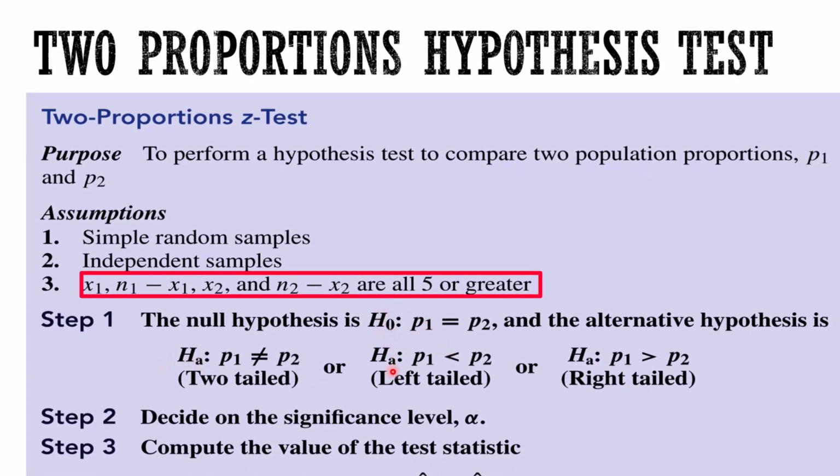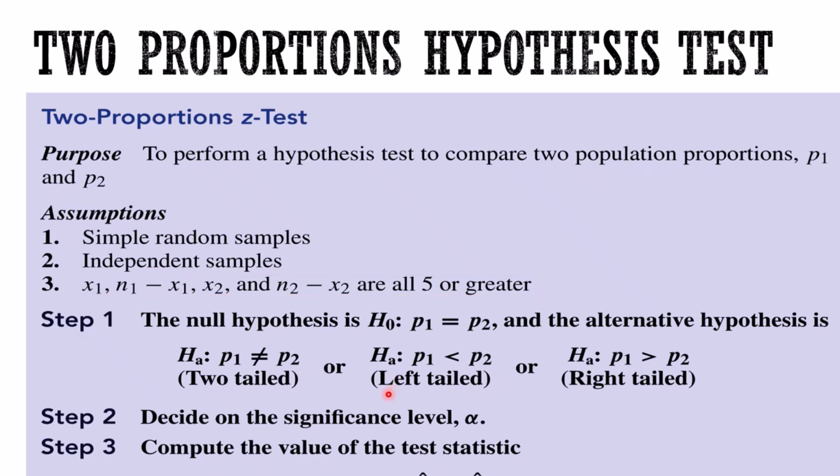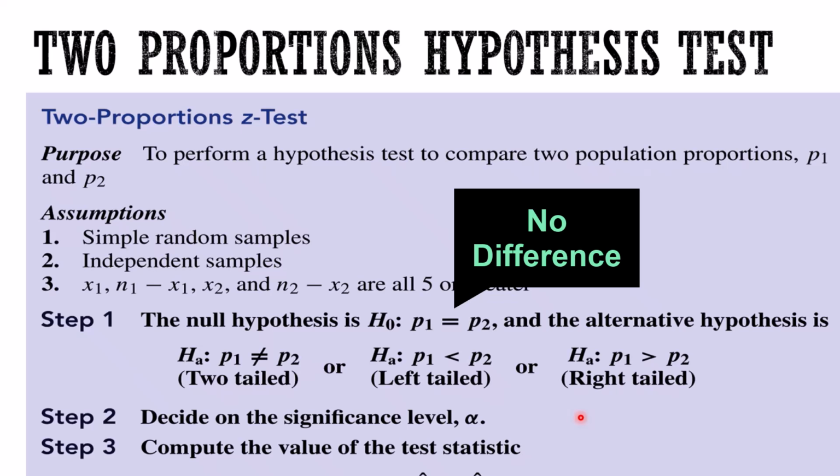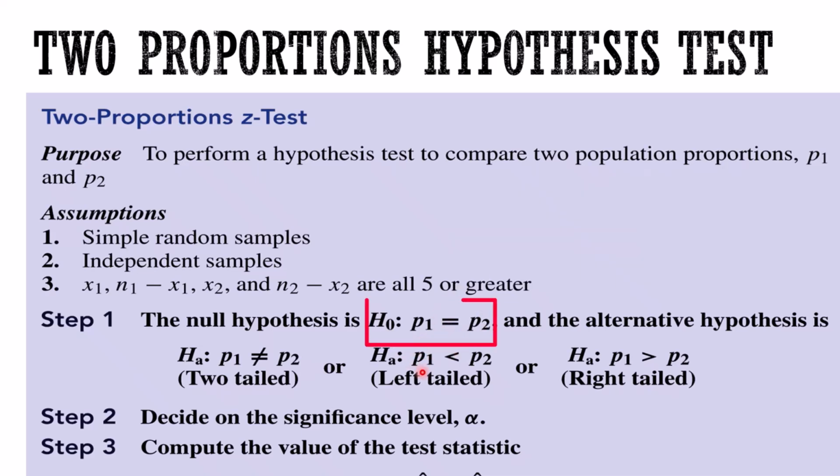First step is to state your hypothesis. The null hypothesis, which is the status quo hypothesis, will always state that there's no difference between the population proportions. They are equal. So for the null hypothesis, use the equal sign, and it should be p sub 1 equal to p sub 2. P sub 2 will not have a value.